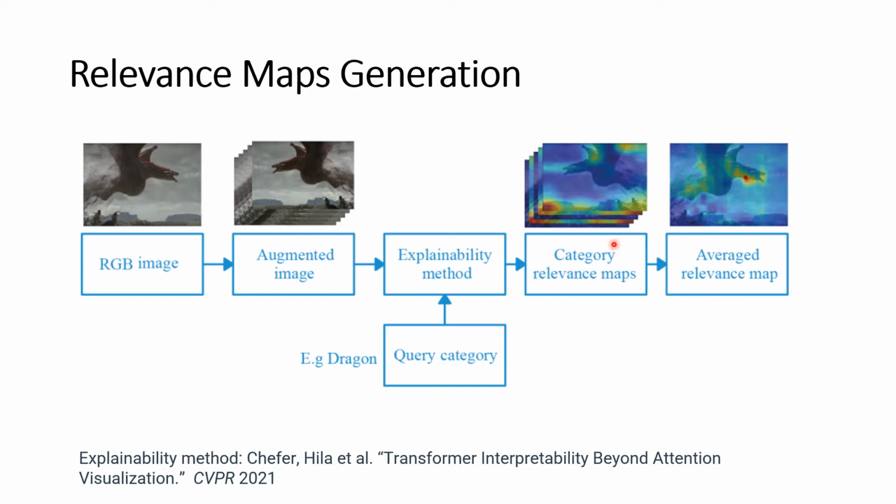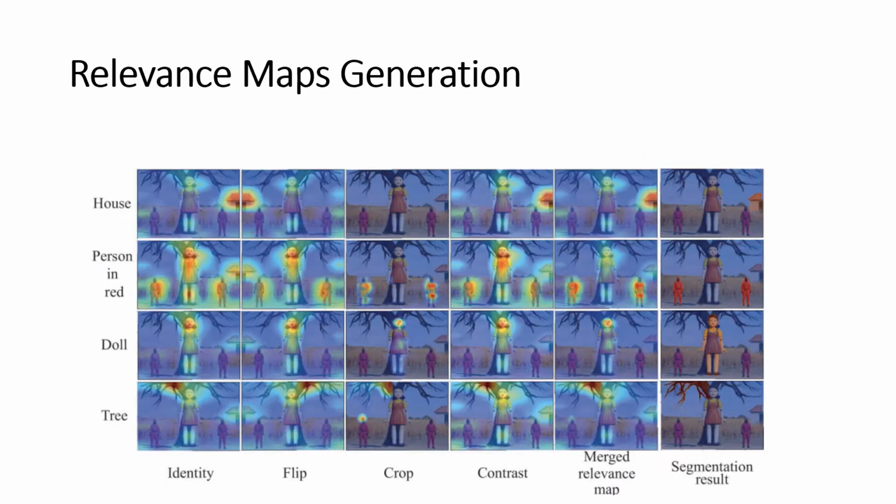Then we use test time augmentations to generate the averaged relevancy map, which is usually of higher quality. Here we see a representative example of generating the relevancy map and the final segmentation output. For example, we can see here on the first row the query categories of house, person in red, doll, or tree.